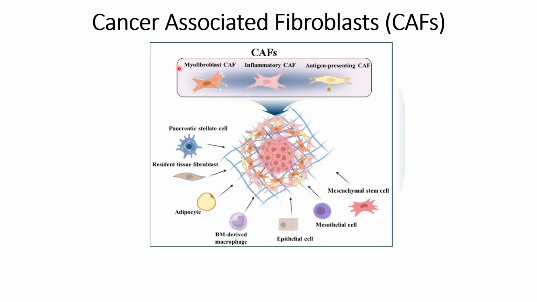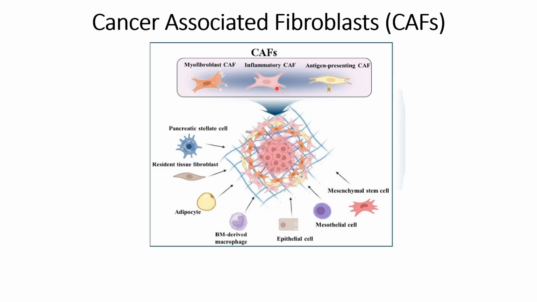One of the main characteristics of this myofibroblast is that they are close to the tumors, and at the same time they are high in alpha smooth muscle actin. So this can be identified by checking the high smooth muscle signals.